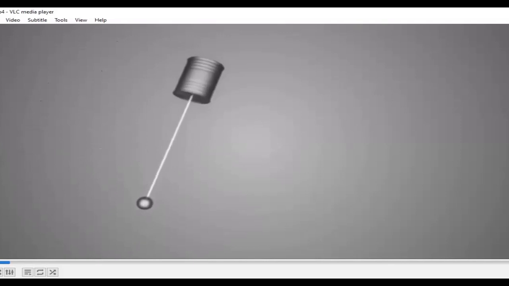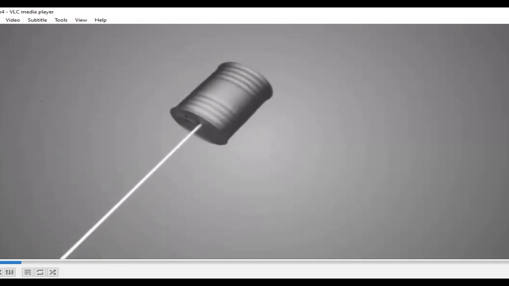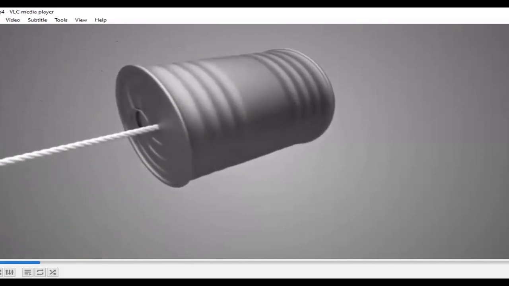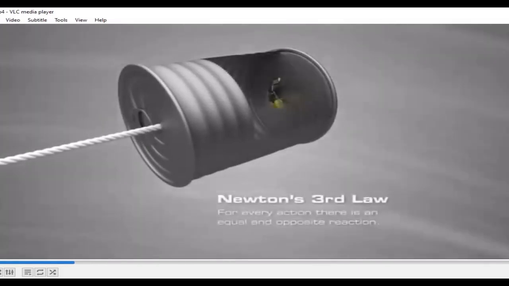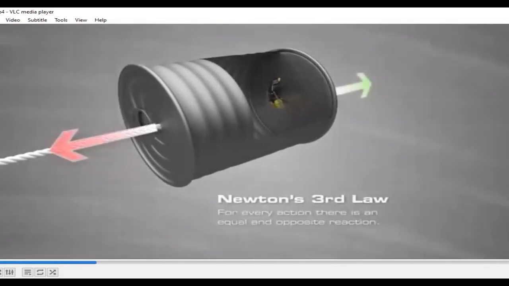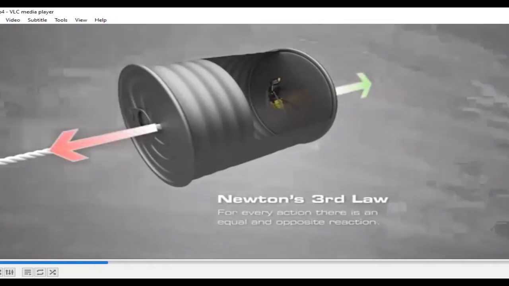Now you can see this object going around in a circular path, connected to the center with the help of a string, and this string experiences a centripetal force which is acting inward, towards the center. When I say towards the center, there has to be a force acting away from the center, and this is the third law of Newton. For every action there is an equal and opposite reaction.